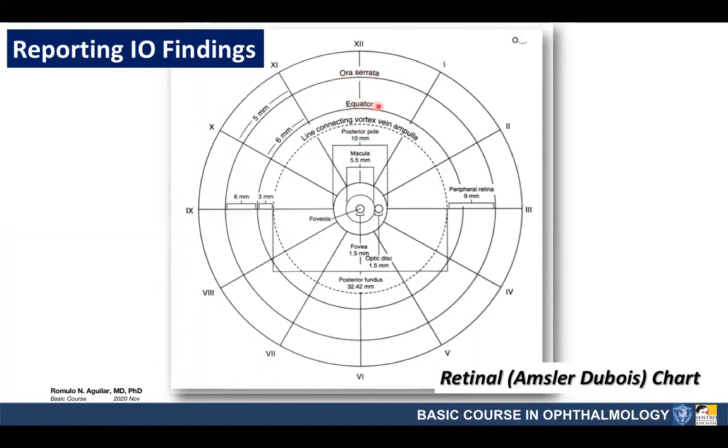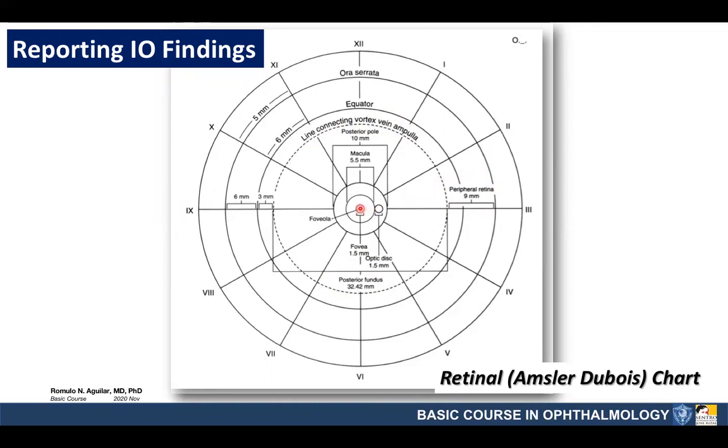The innermost is the equator. And again, if you draw an imaginary circle just inside the innermost circle, that will define your posterior fundus. And then from that imaginary circle all the way to your ora serrata, that would define your peripheral retina.